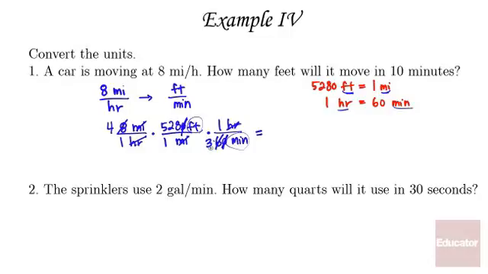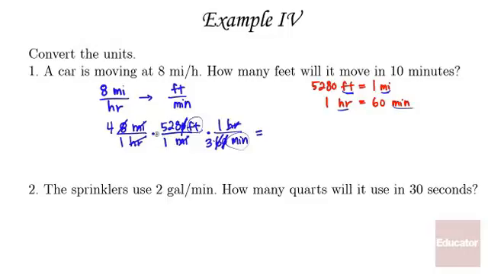So this became 4, this became 3. Now here, is 528 divisible by 3? So if you add this, 5 plus 2 is 7, plus 8 is 15. Is 15 a multiple of 3? It is. So therefore I know that this is divisible by 3.